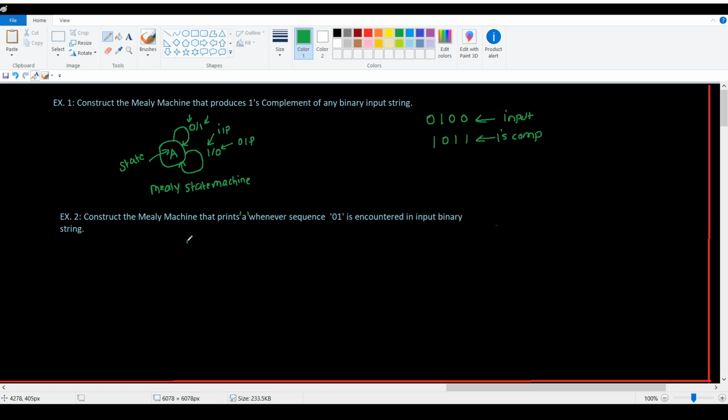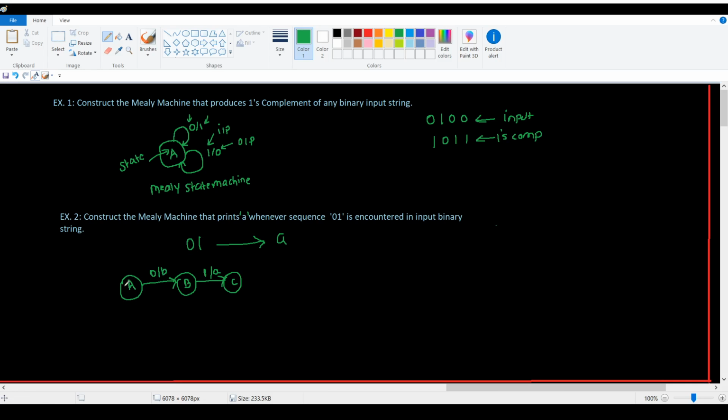It means if the sequence is 01, output should be A. If I consider the initial condition is A, and input 0 occurs, next condition will be B. And if 1 occurs, next condition will be C. So if the pattern is 0, 1, output should be A. And other than the 0, 1 pattern, I assign output B.